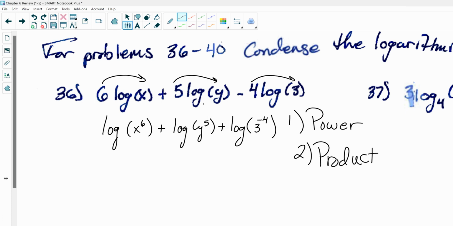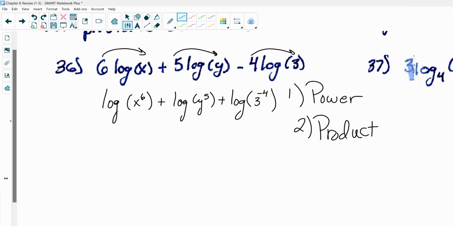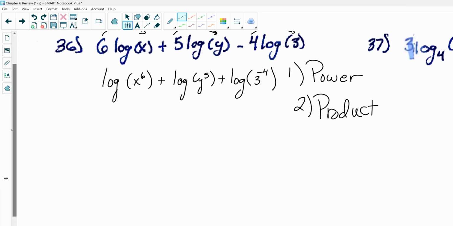Questions on this here? Now, since we have three logs, three of the same logarithm, same base, being added together, we can rewrite it as a single log with what's inside being multiplied. And it really takes care of power and product.